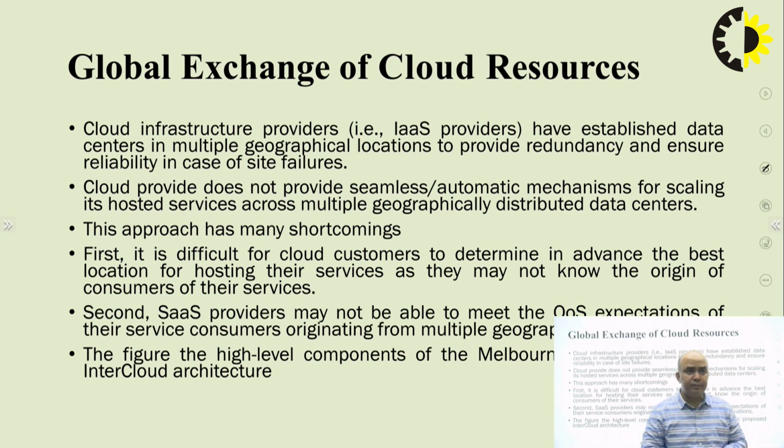Second, SaaS providers may not be able to meet the quality of service expectations of service consumers originating from multiple geographical locations. So this figure shows the high level components defined in the Melbourne group's proposed Intercloud architecture.